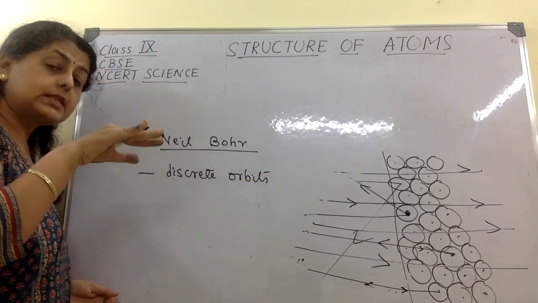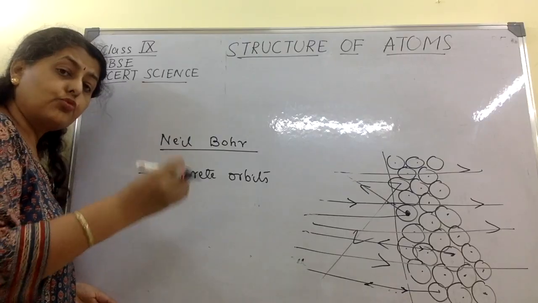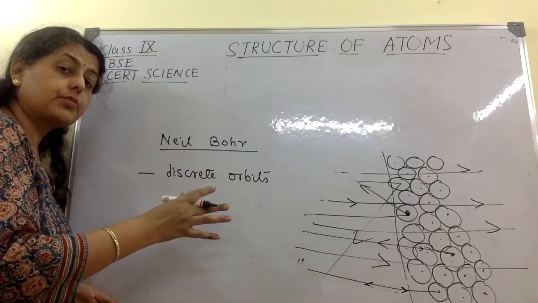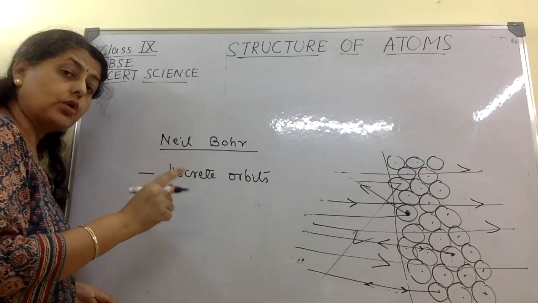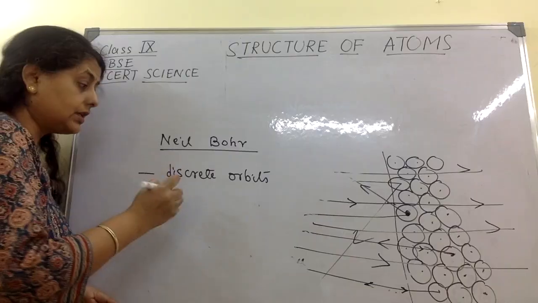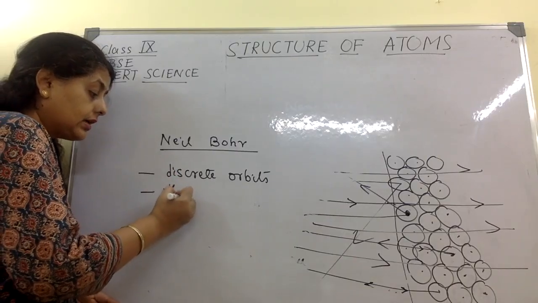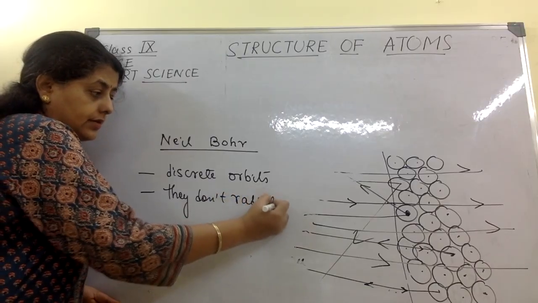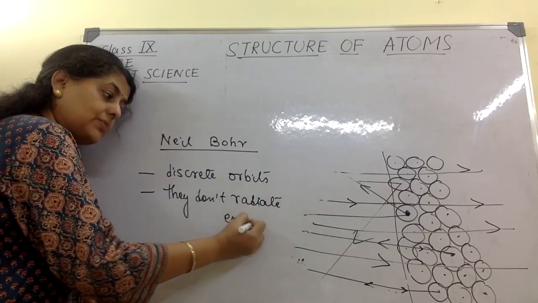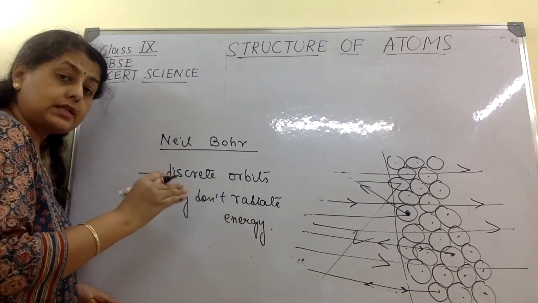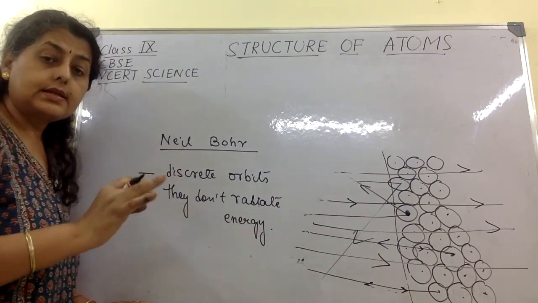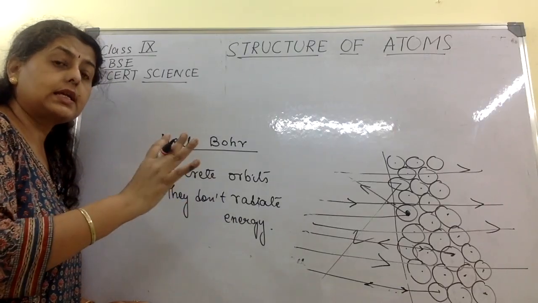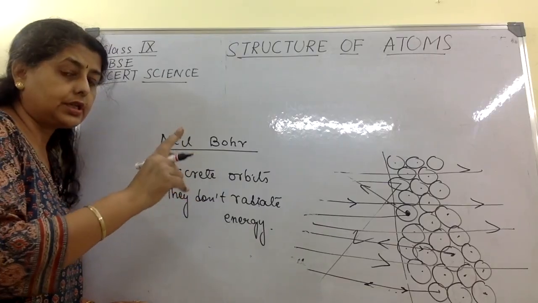They are not moving anywhere and everywhere; they are moving in fixed orbits at fixed distances from the nucleus. Second, if they are moving in discrete orbits, they don't radiate energy, and therefore the question of collapsing does not arise. So Niels Bohr said his model is correct.